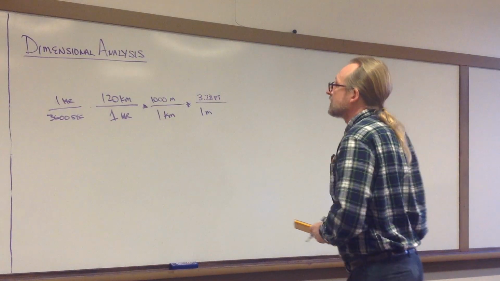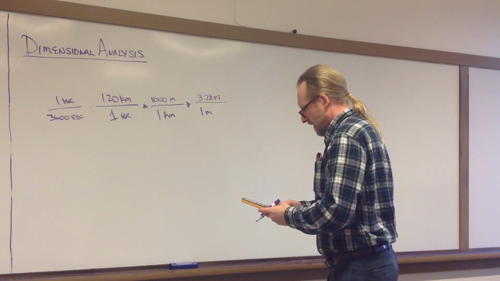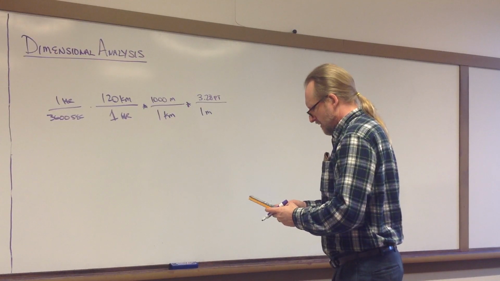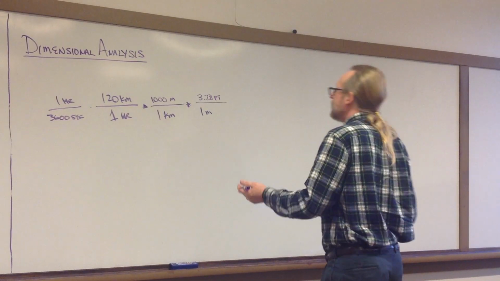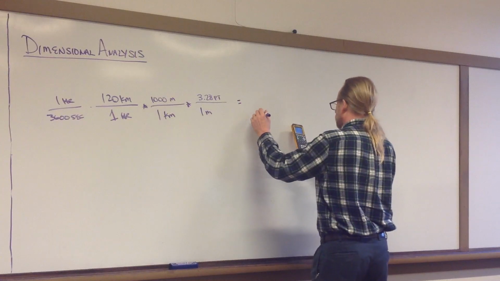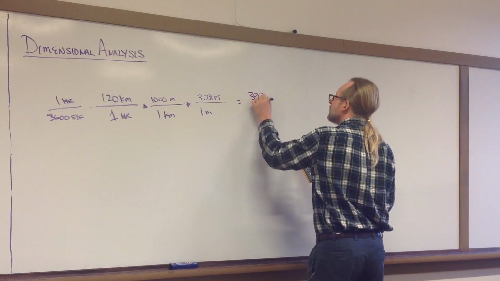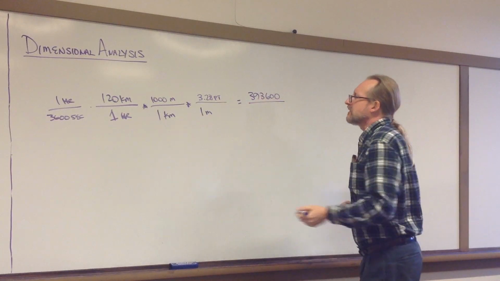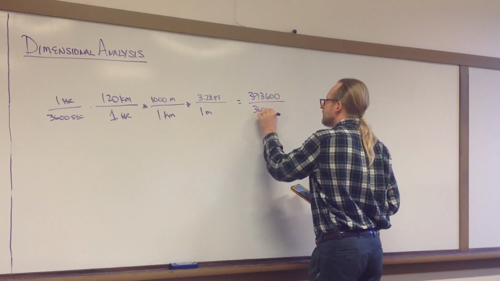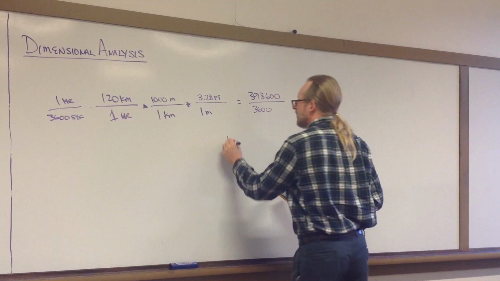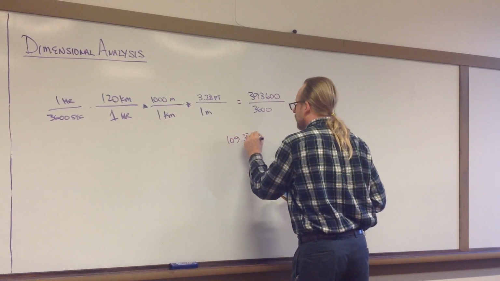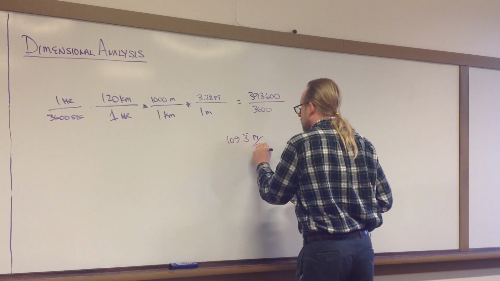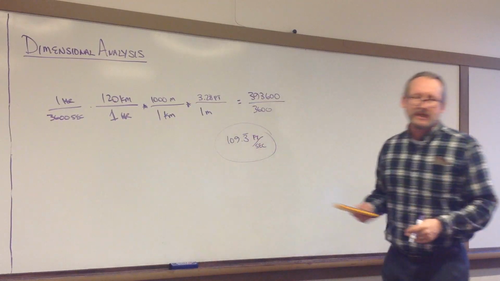So multiply across the top, 120 times 1,000 times 3.28, which you can see are the same calculations that we were making when we were doing those proportions. 393,600 over 3,600, and again, that comes out to be 109.3 feet per second. Same thing.